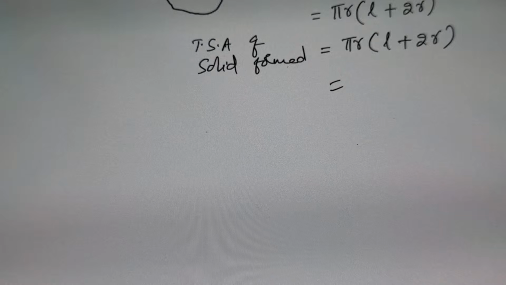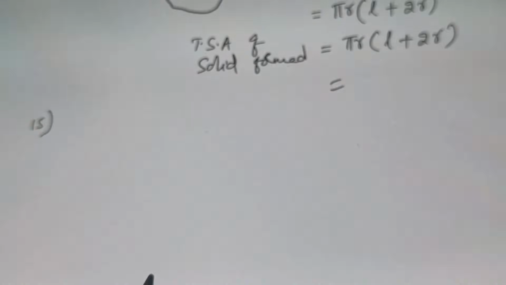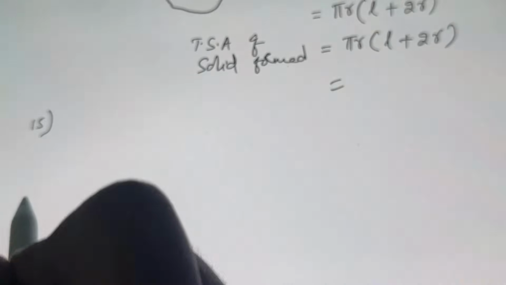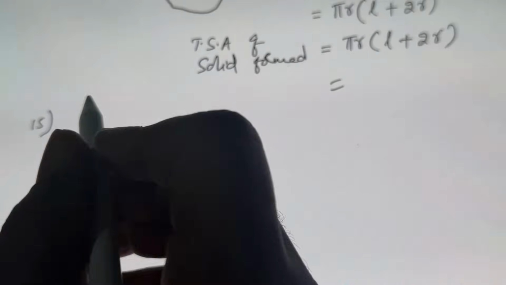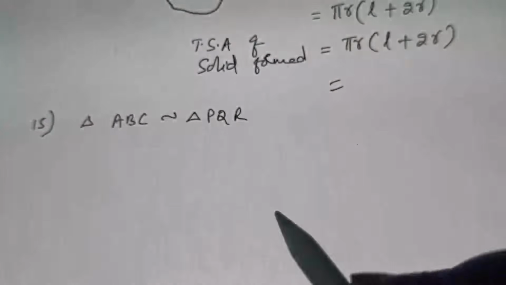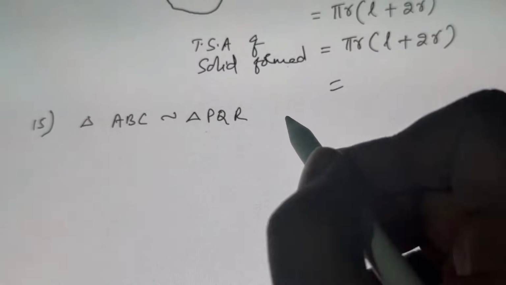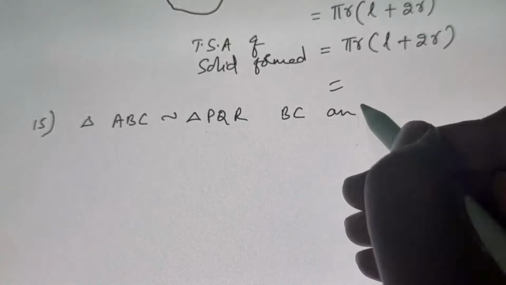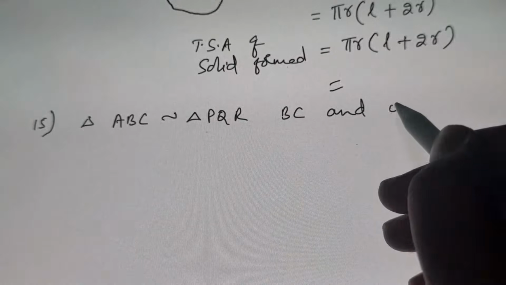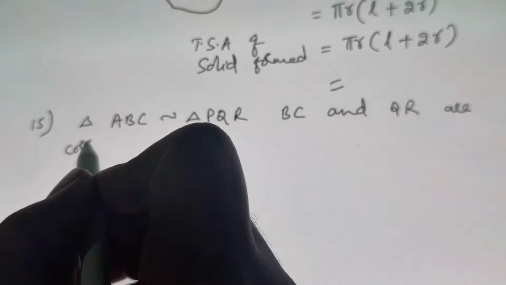Now moving on with the next question. Question number 15. Triangle ABC is similar to triangle PQR. BC and QR are corresponding sides.